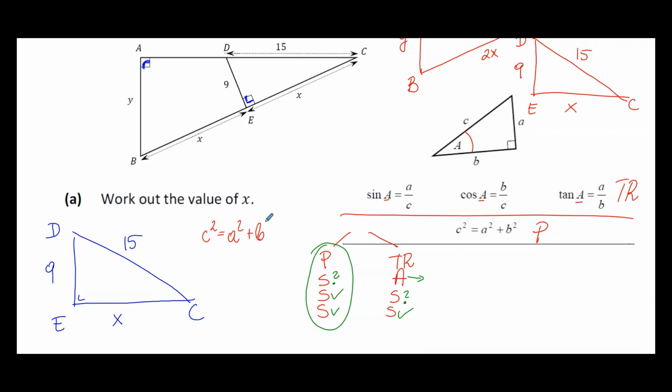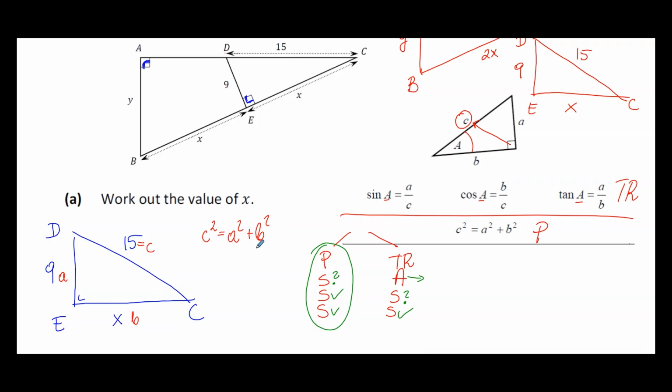Well, I need to know what c, a and b are in my own triangle. When it comes to Pythagoras, the only reference angle we have is the right angle. So as you can see, opposite the right angle, you're going to have the side that will be letter c. So that's where we have the right angle, and opposite that is my c. Well, that means one of them is a and one of them is b.